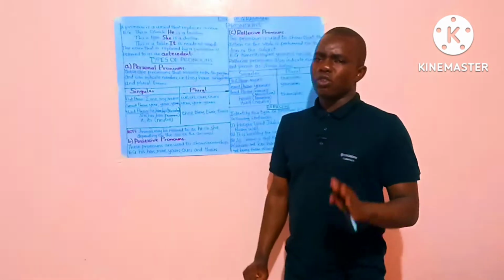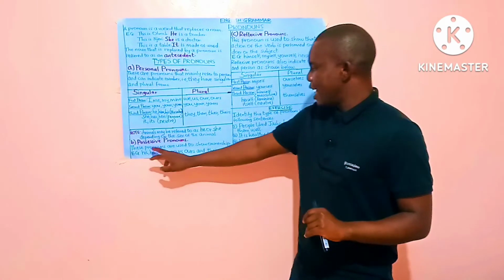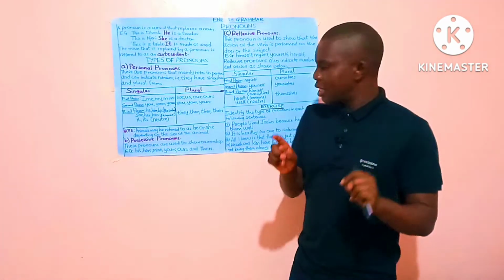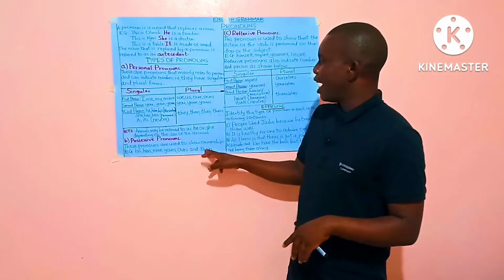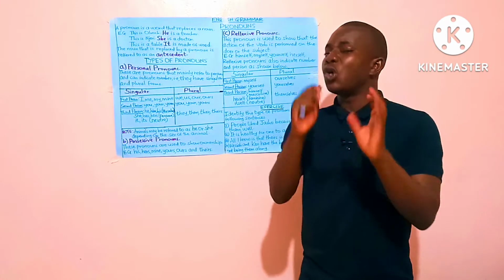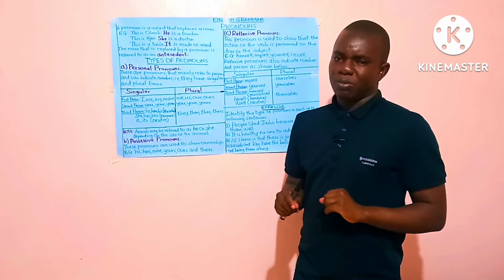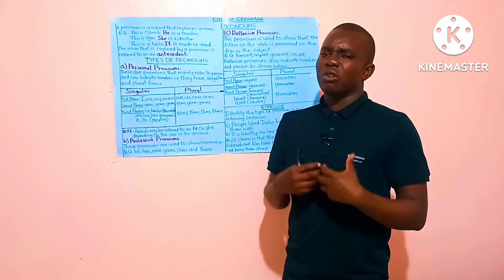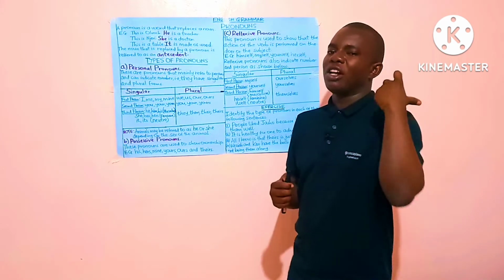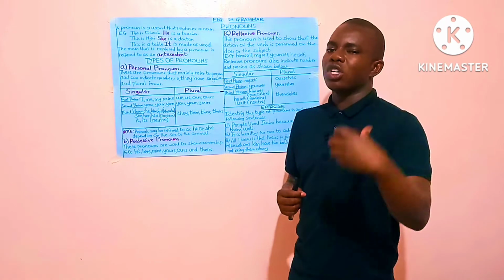Some examples of possessive pronouns are his, hers, mine, yours, ours, and theirs. These are pronouns that show ownership, that something or someone belongs to a person, or that a person owns something.